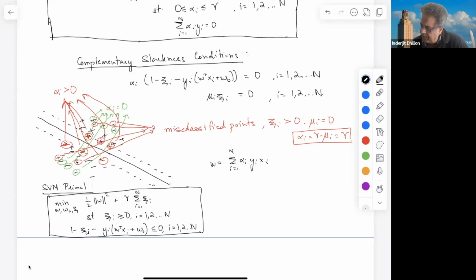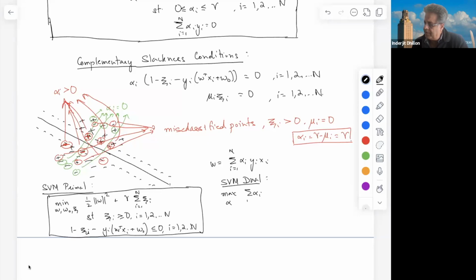Okay, and then I'll write the SVM dual over here, right next to it. This is: maximize over alpha. Remember, we were able to get rid of the mu variables.